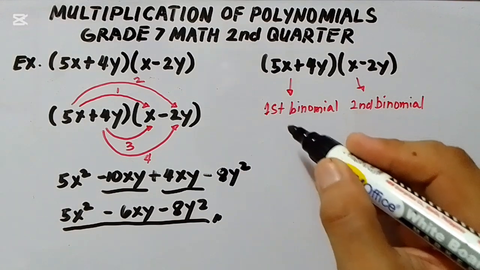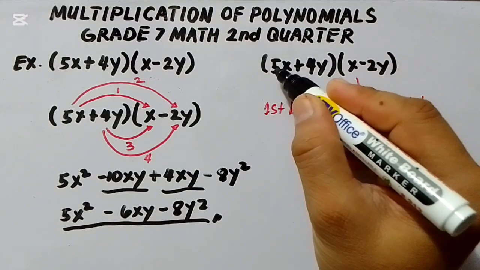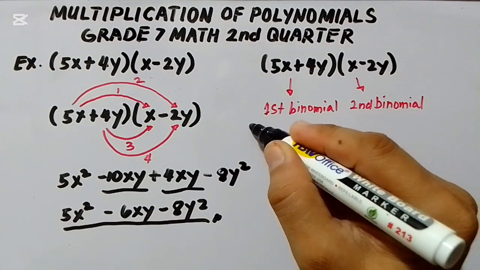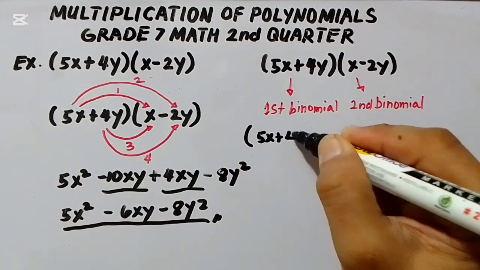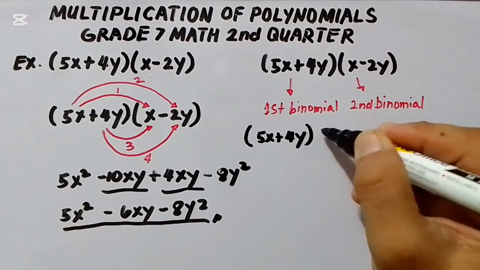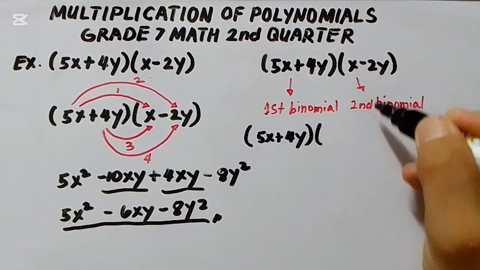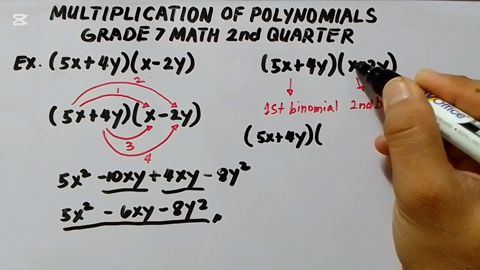So, ang una po natin gagawin is to copy the first binomial. So, we have quantity 5x plus 4y times the first term of the second binomial. So, ito po ang first term niya, x.